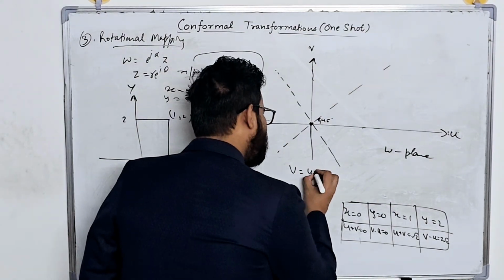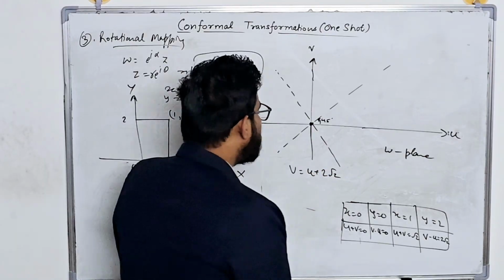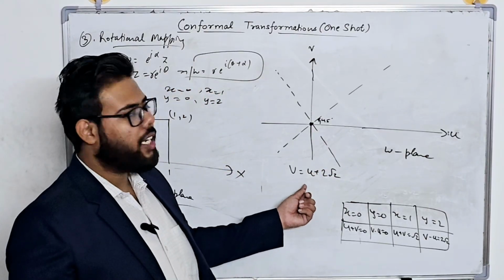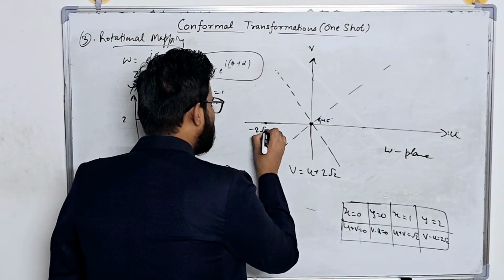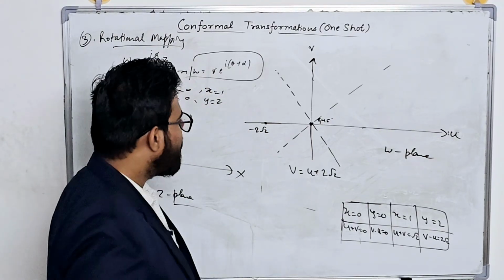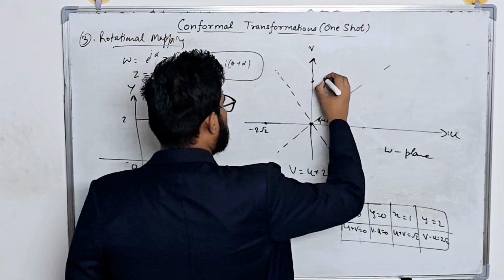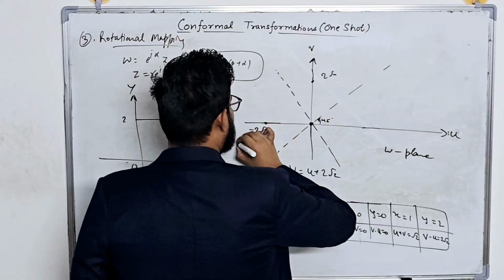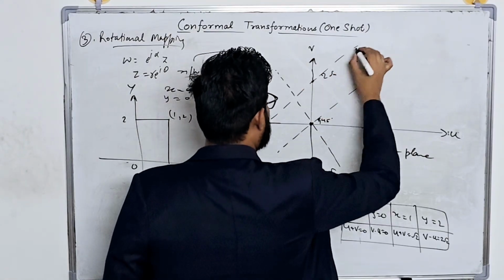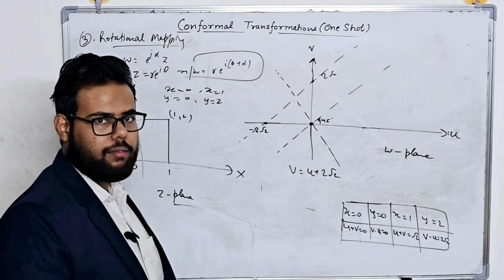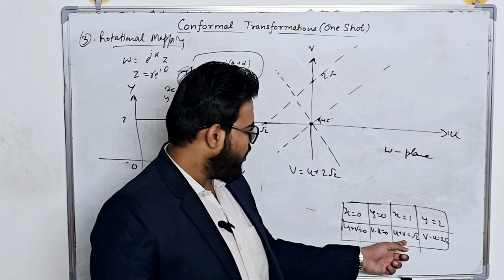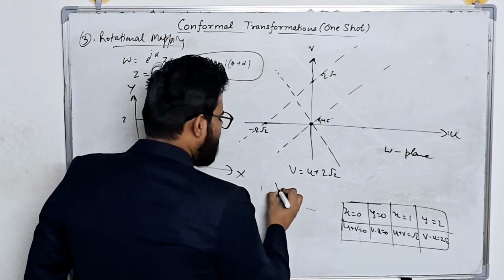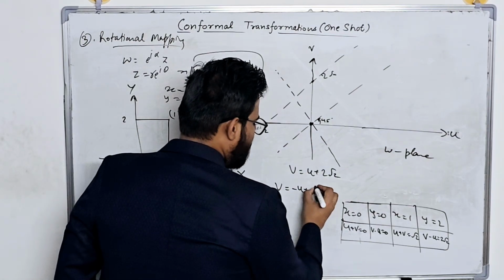Now let's see how v minus u is equal to 2 root 2 looks. Well, v is equal to u plus 2 root 2. When v is equal to 0, u is equal to negative 2 root 2. Hence it will be somewhat over here, negative 2 root 2. And when u is equal to 0, it is over here, 2 root 2, right? So it looks like this, correct? And now let's see this one, v is equal to negative u plus root 2.